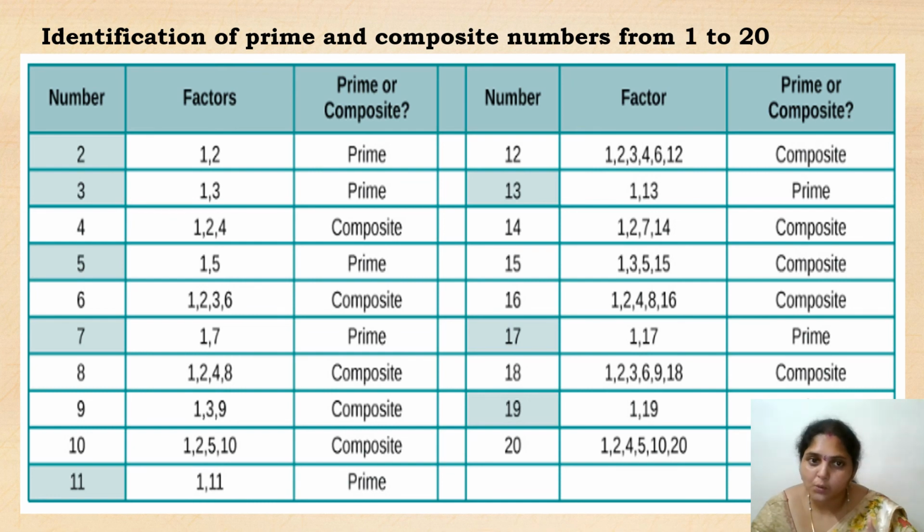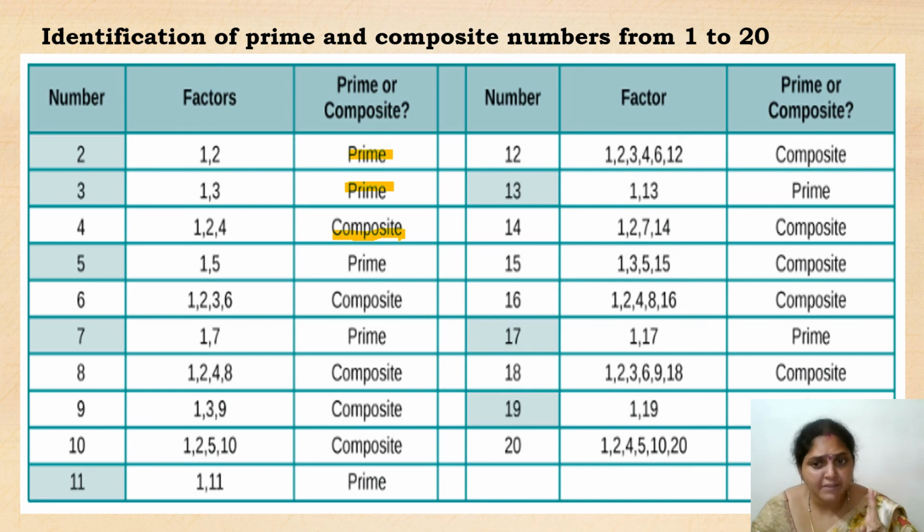So only 2 factors, that is a prime number. Next 3, 1 and 3, this is also a prime number. But 4, here we are having 3 different factors, that is 1, 2 and 4. It is having more than 2 factors. That's why it is called a composite number.